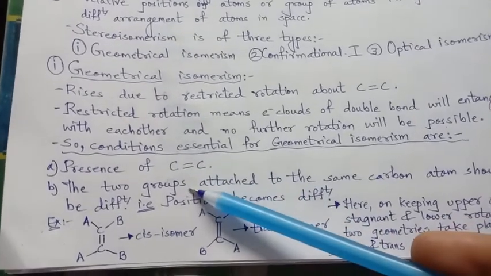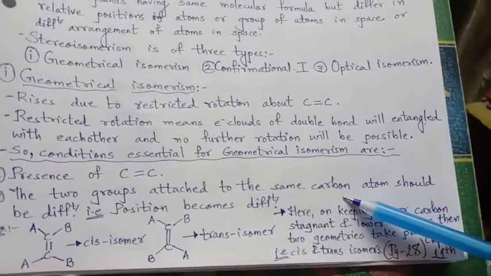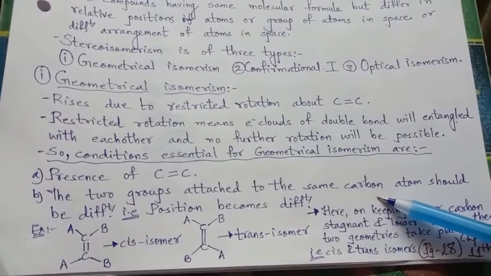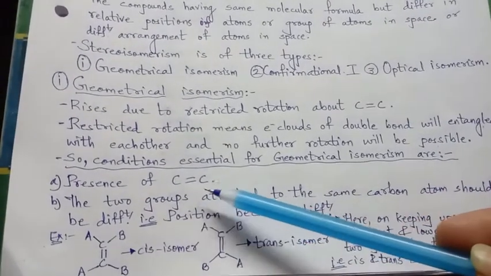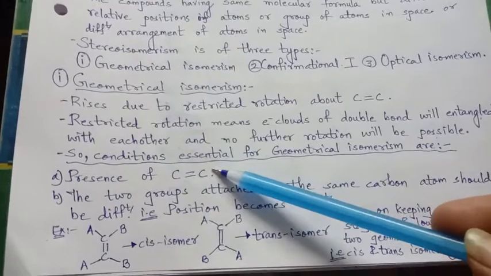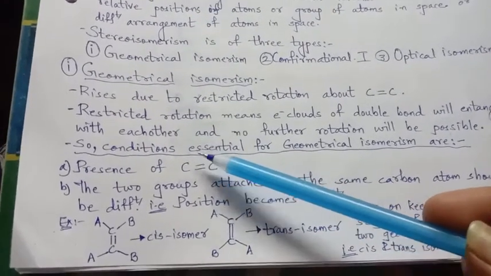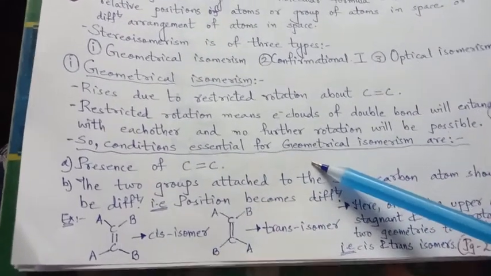And second, the two groups attached to the same carbon should be different. That means their position can become different. There should be carbon double bond carbon and the groups present on the carbon should be different. These are the two essential conditions for geometrical isomerism.